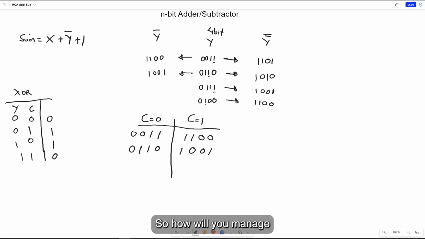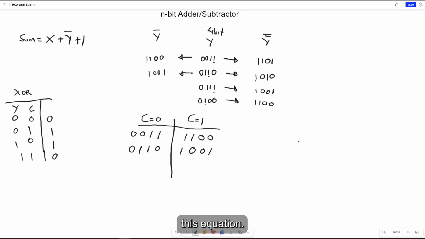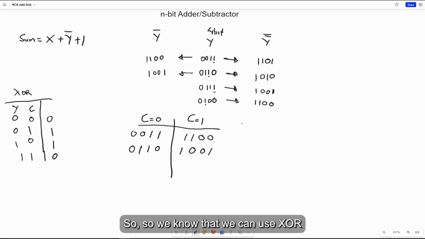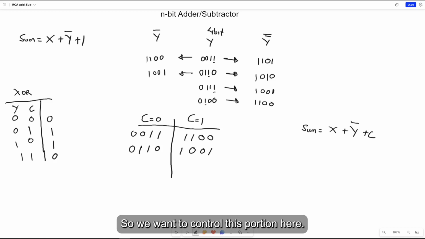So how will you manage to make a summation and subtraction using this equation? We know that we can use XOR. So if you write sum, for example, sum is x plus first complement, and then plus C. So we want to control this portion here.